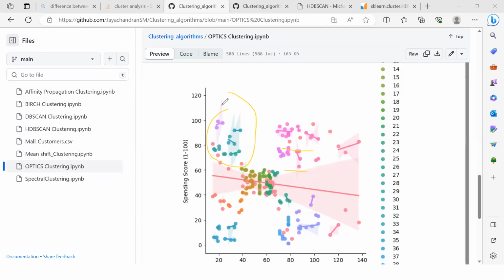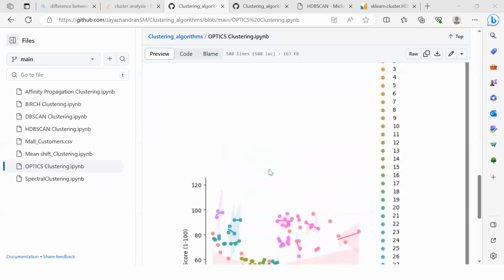It's just to show the reachability of data points. So you can understand by the parameters I set in this program.